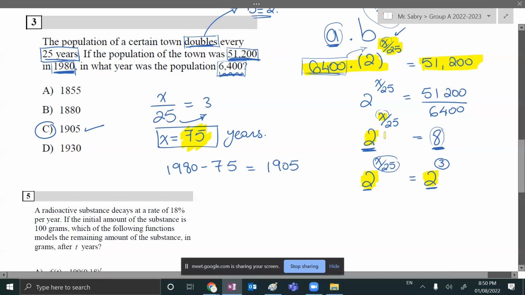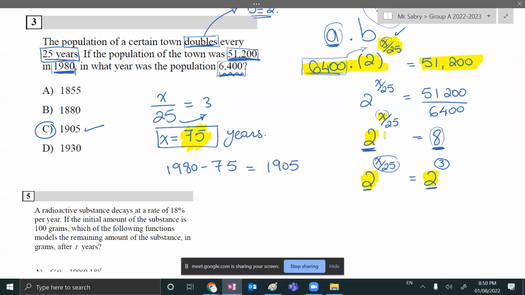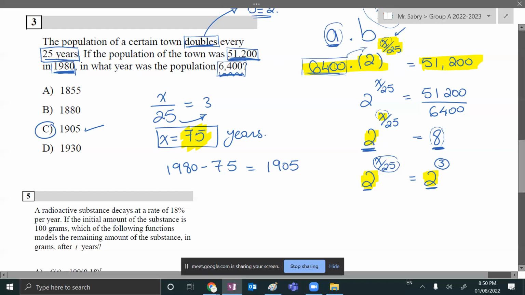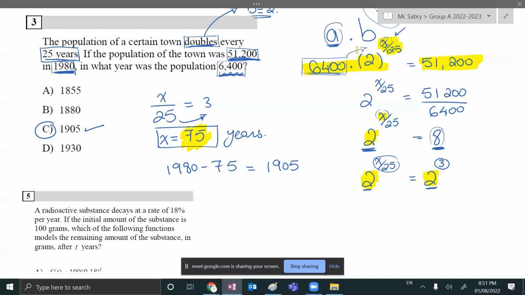Jed, you're saying can't we solve in reverse? Can't we have 51,200 as the initial? No, I'll tell you why we can't, Jed, because if you put the initial amount as 51,200 and the rate as 2, meaning doubling, then it will keep getting bigger. How would it get smaller suddenly? How would the 51,200 become 6,400 while the rate is doubling?